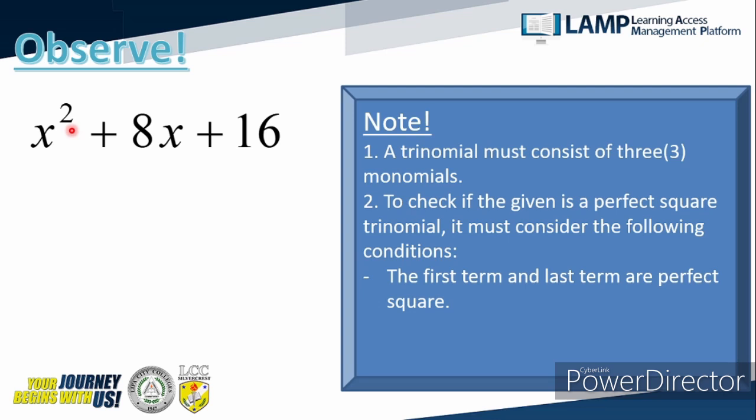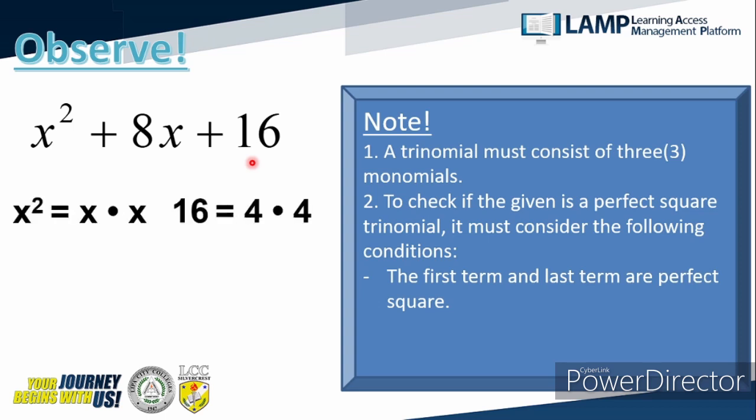Once our exponent is an even number for our variable, it is a perfect square. Then the last term must also be a perfect square. We have here 16, which is also a perfect square because 16 is 4 times 4.